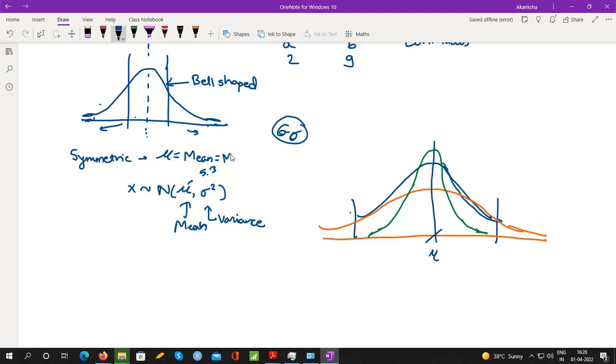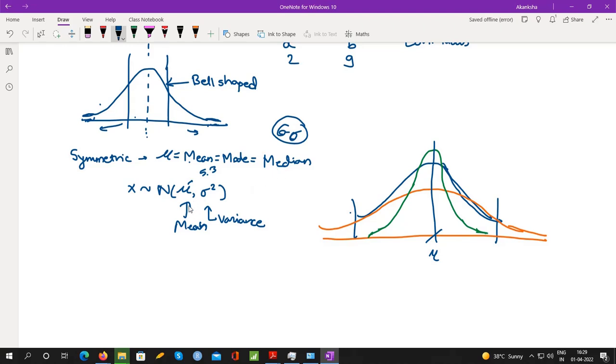It is also equal to the mode. Mode means the highest probability associated with it, so the tallest point. And it is also the median. Median means it captures 50% of the data. So 50% of the probability is to the left of the peak, 50% of the probability is to the right of the peak. So the normal distribution is symmetric around the mean, which is also the mode and also the median.